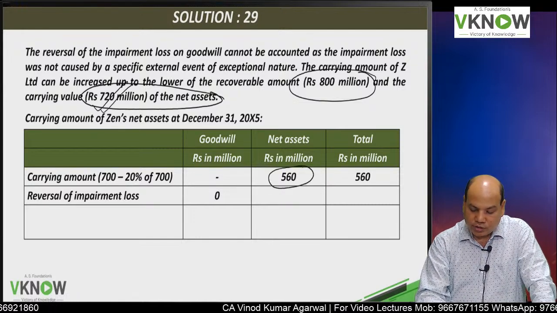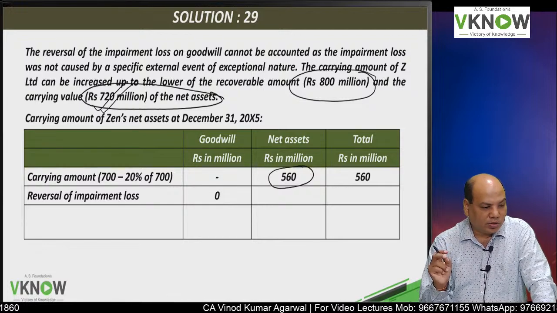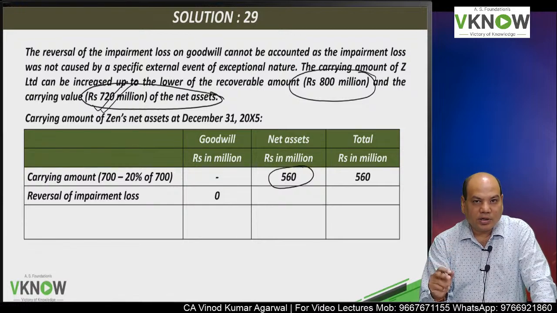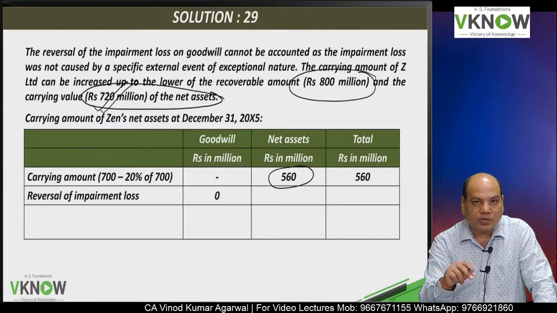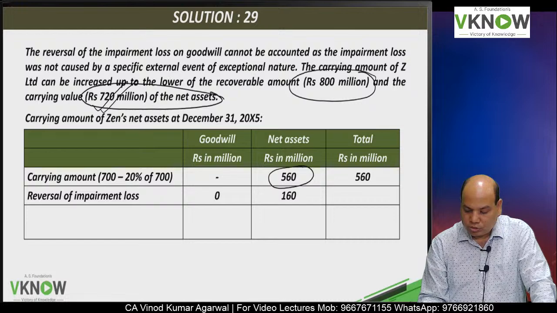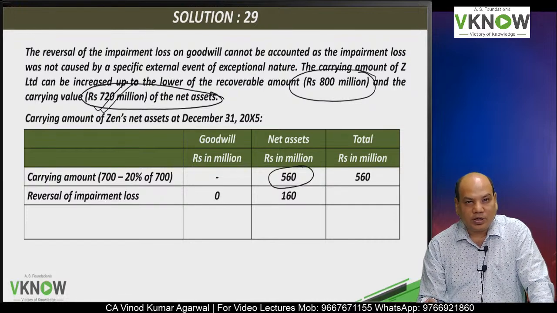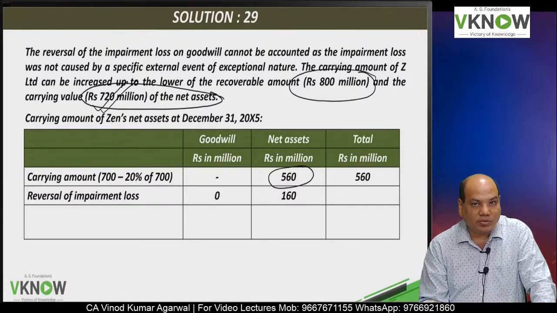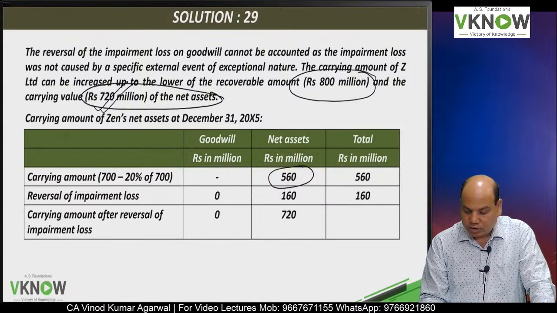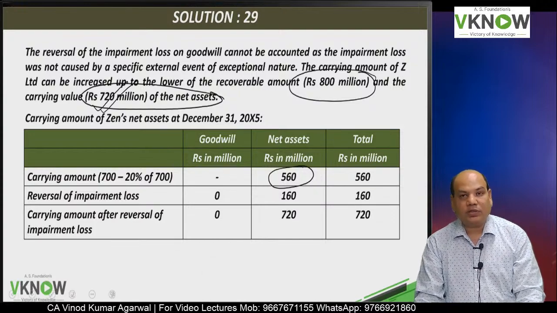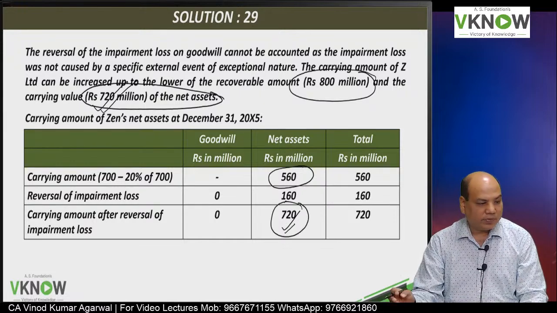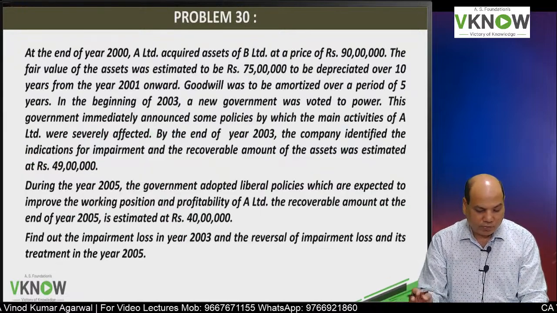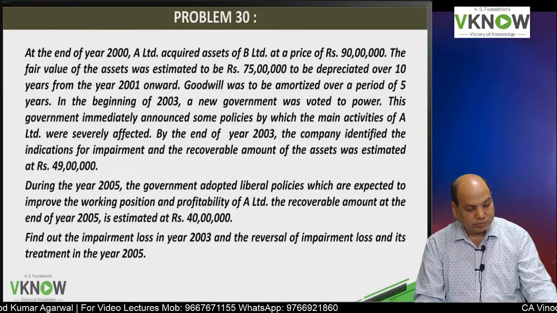So I have to reverse so much amount such that after reversal it should be the lower of 720 or 800. The lower of the two is 720. So I can reverse a maximum of 160, and therefore the carrying amount after reversal would be 720. In future the 720 will be depreciated. One more question we will take.